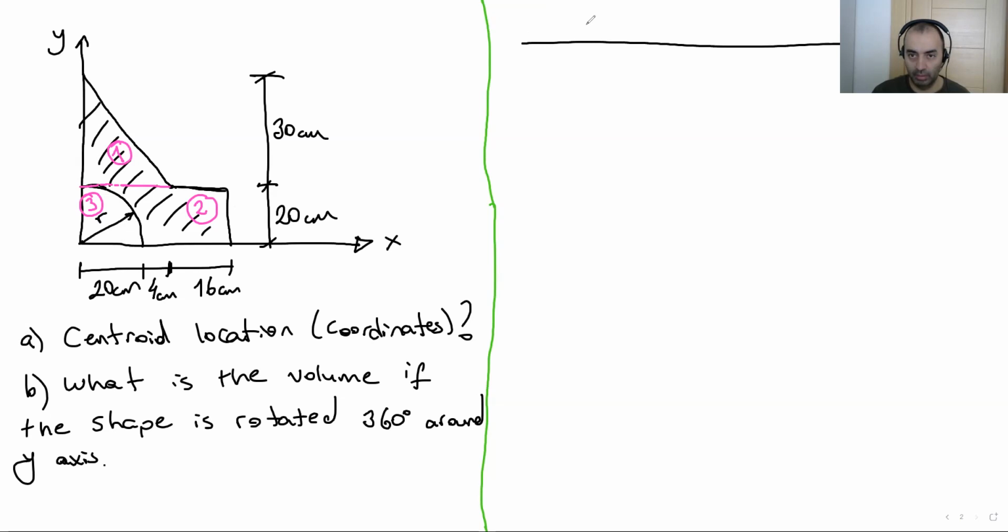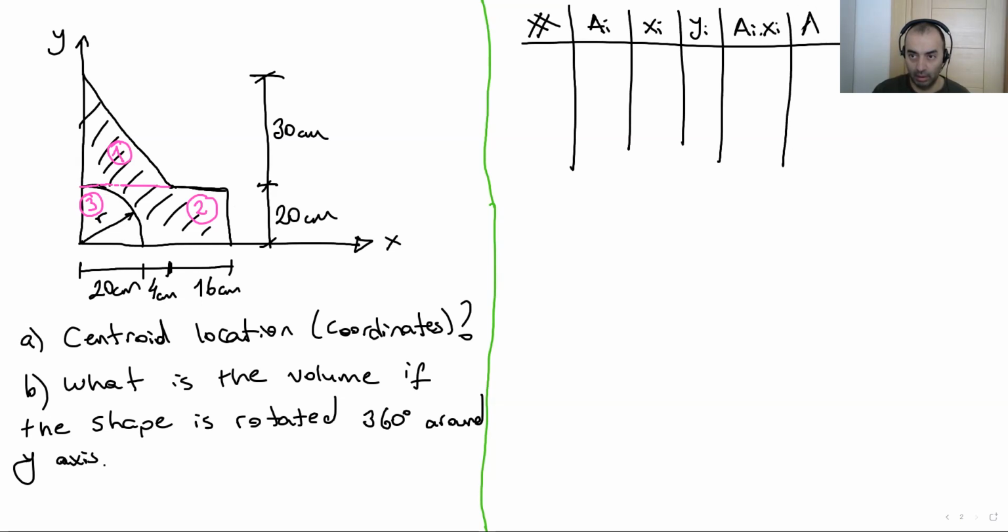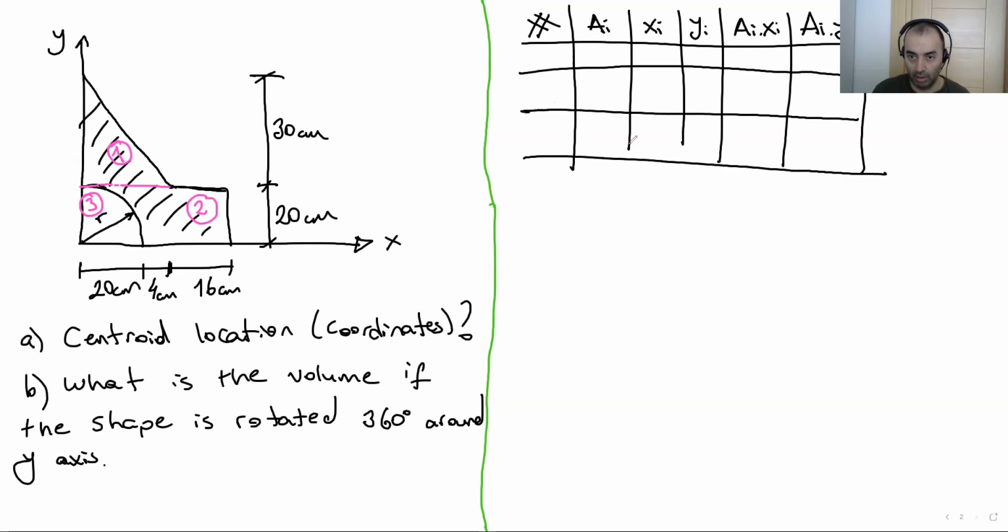Let's draw our table again. This is the number, Ai, Xi, Yi, Ai Xi, Ai Yi. Okay, we have 1, 2, 3, and the total part.